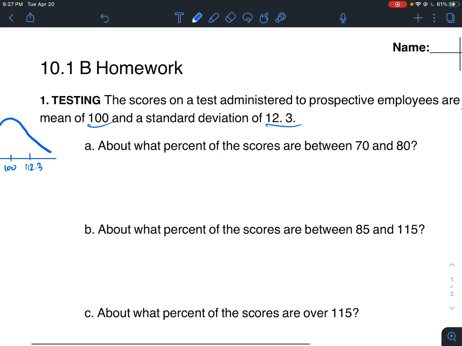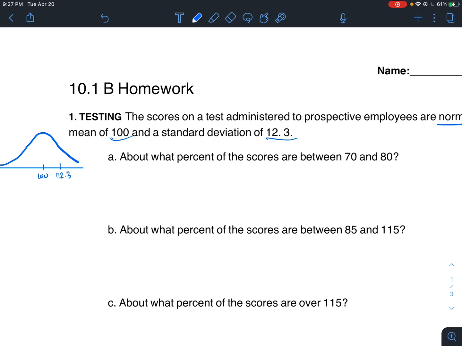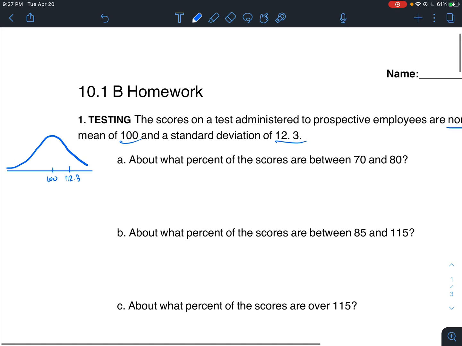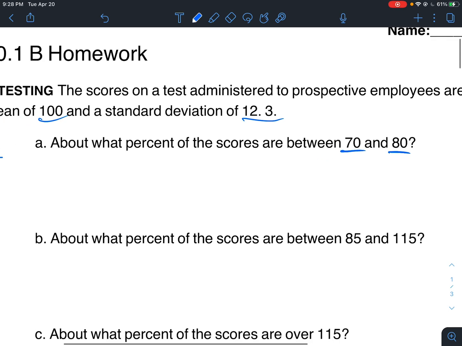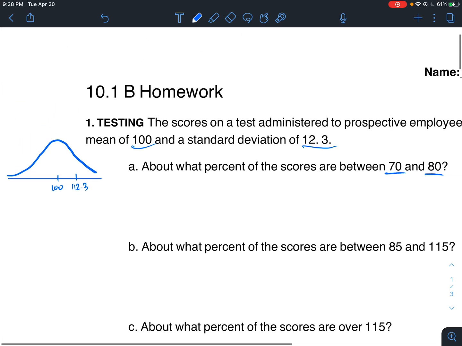But here's the thing. Now, it's asking us first in this problem, it wants to know the percentage of scores that are between 70 and 80. The scores of 70 and 80 do not lie upon exactly 1, 2, or 3 standard deviations away from the mean.